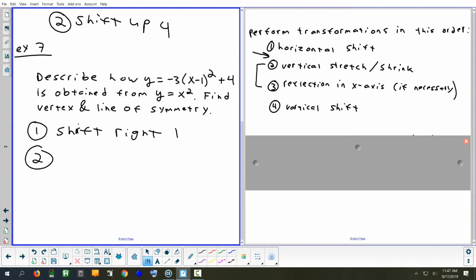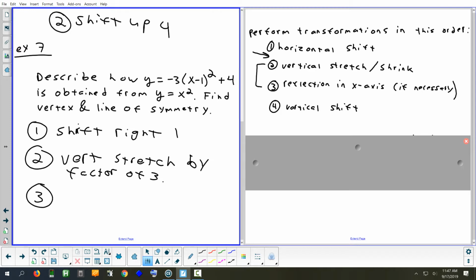Good. Second thing. Who can tell me the second thing that's going to happen? Vertical stretch by a factor of 3. Yep, vertical stretch by a factor of 3. Good.